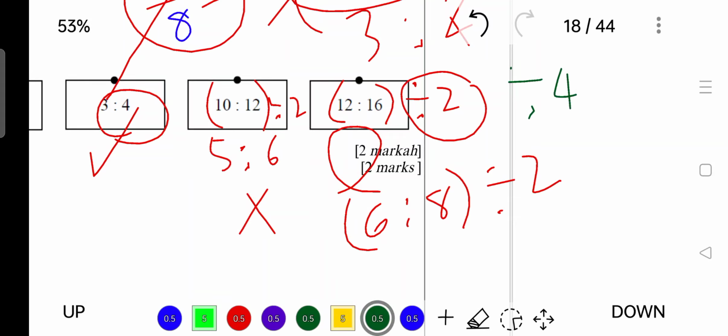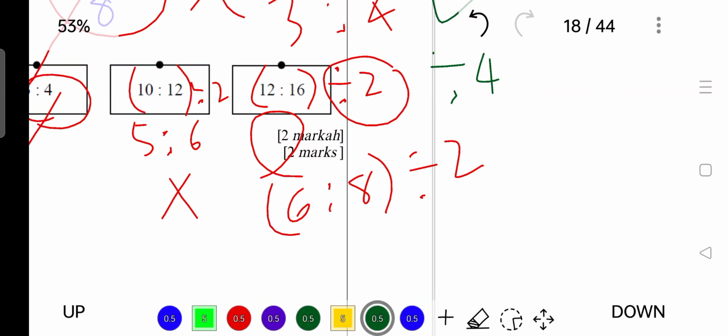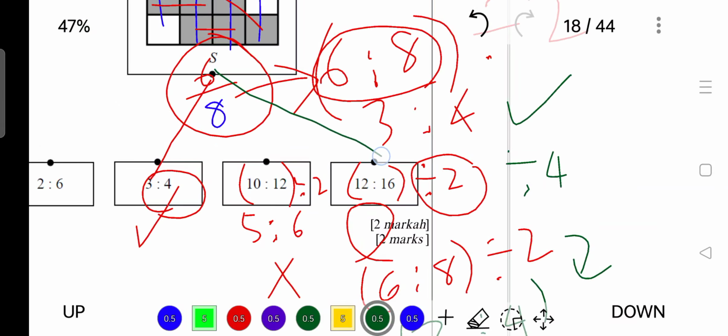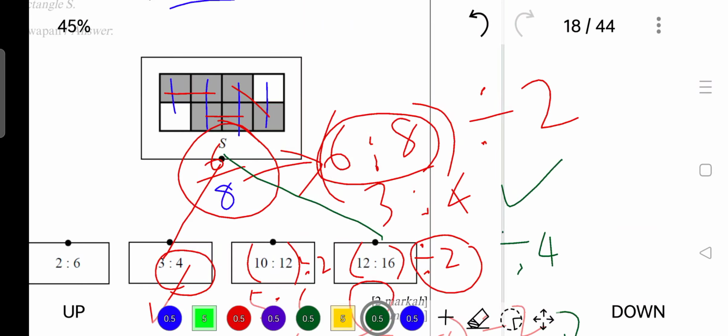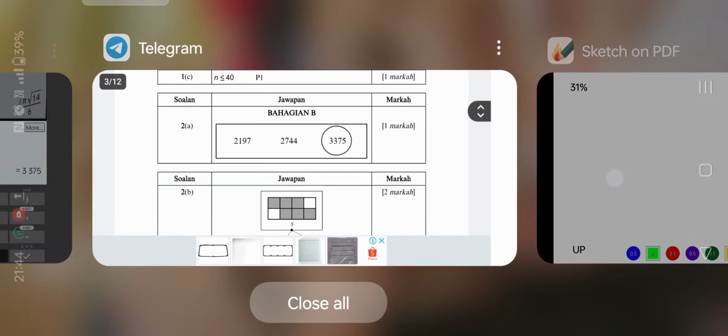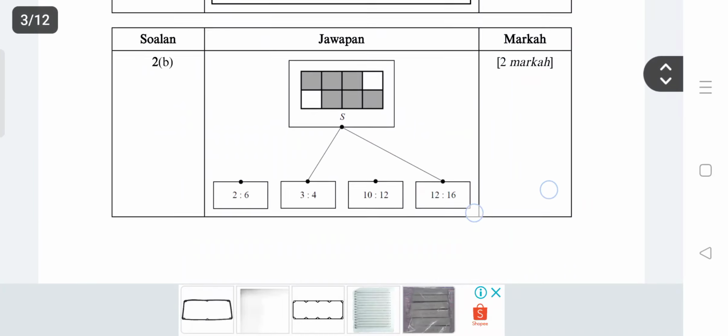I can also get 3 to 4 straight, or if I do the second time I will get 3 to 4 again. So this shows this answer can also be matched to this shaded answer. Understand? So we get 2 marks over there, 3 to 4 and 12 to 16.